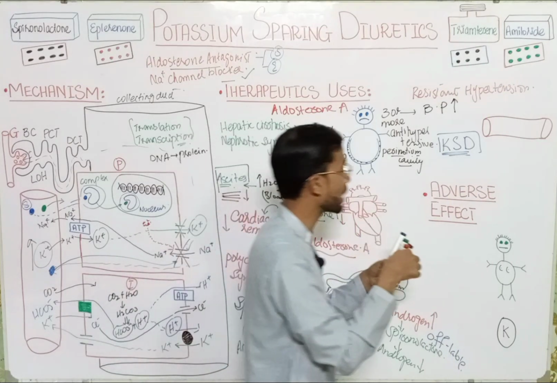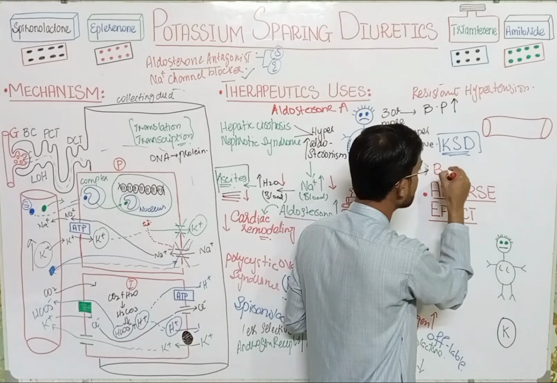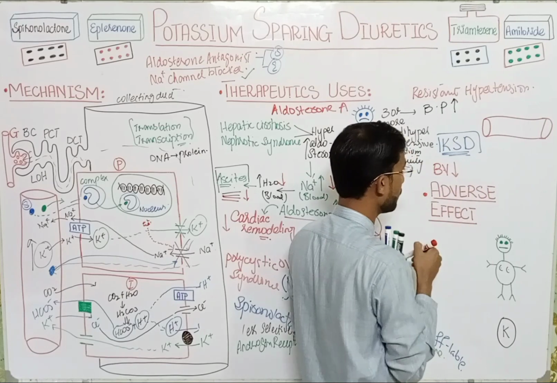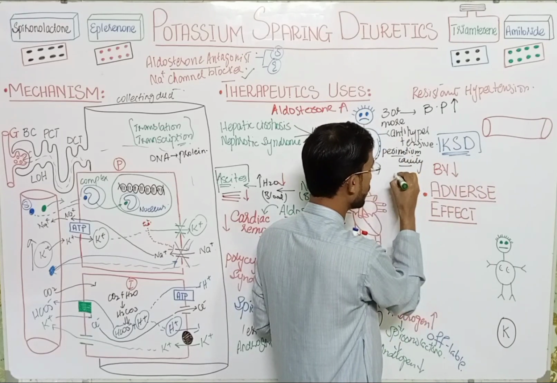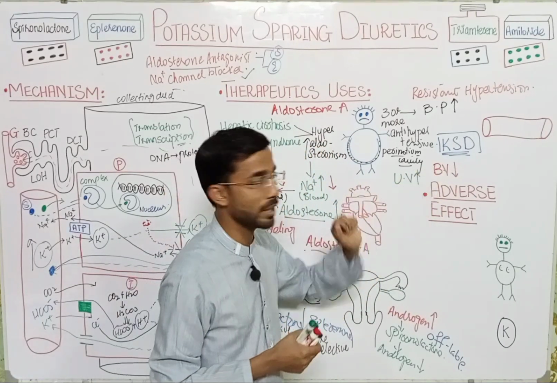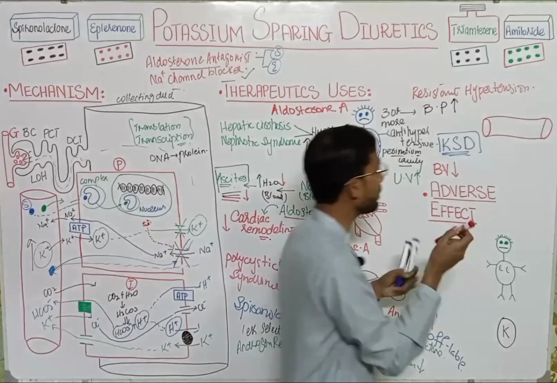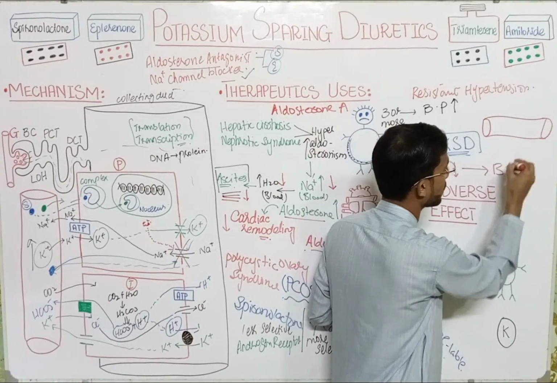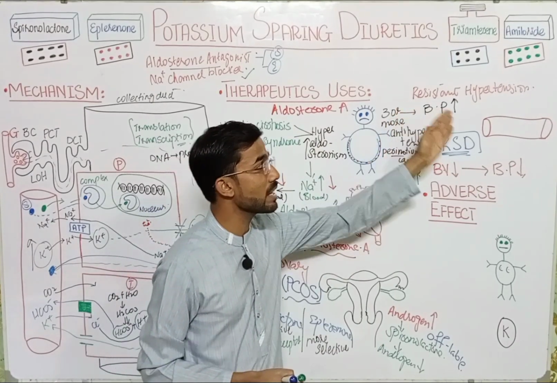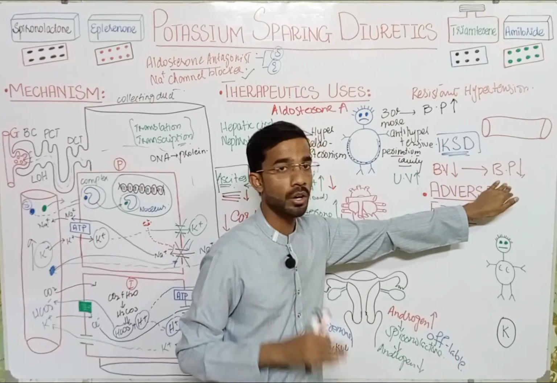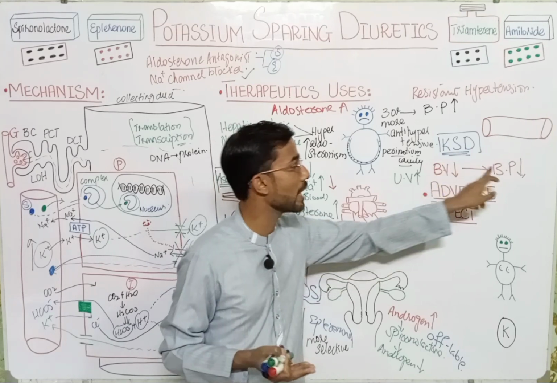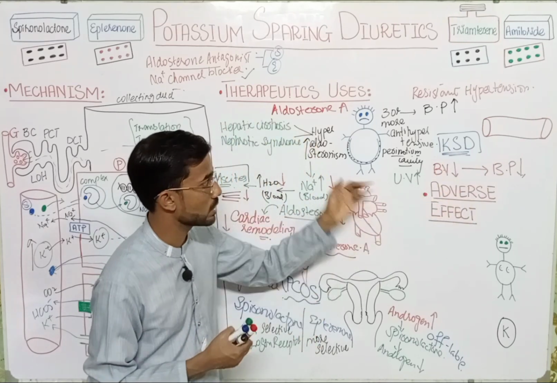If the blood volume decreases, then ultimately the blood pressure will decrease. So resistant hypertension will move towards normal: if the blood volume decreases, then the blood pressure will also decrease.